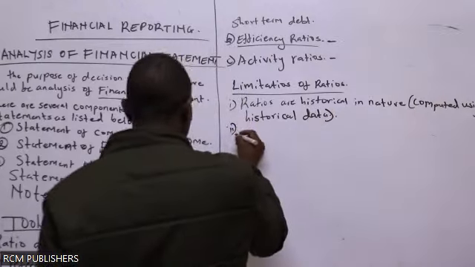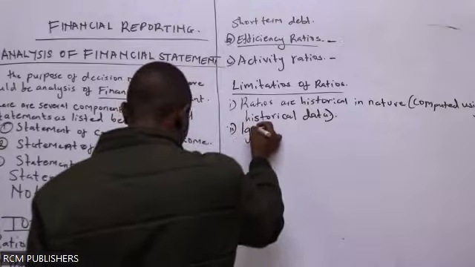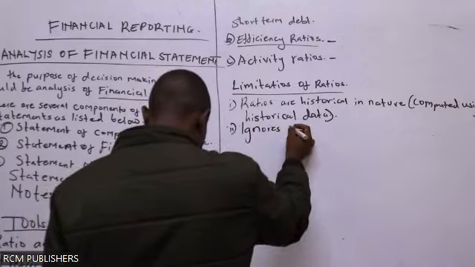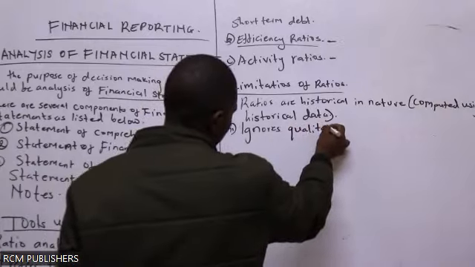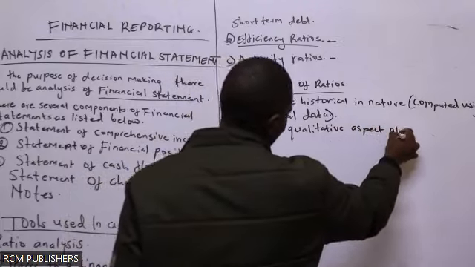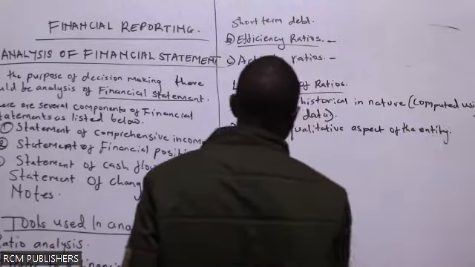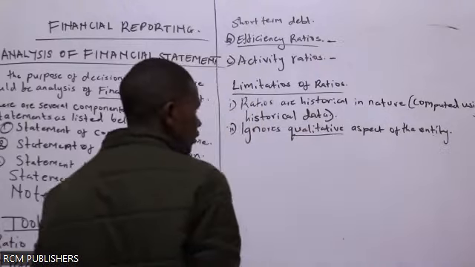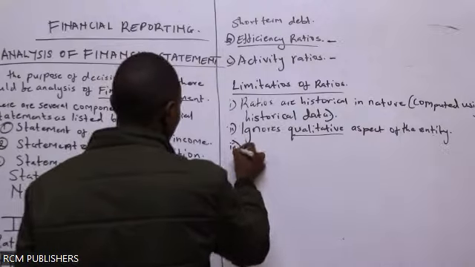Another limitation of ratios is that they ignore the qualitative aspect of the entity. They go with the quantitative.